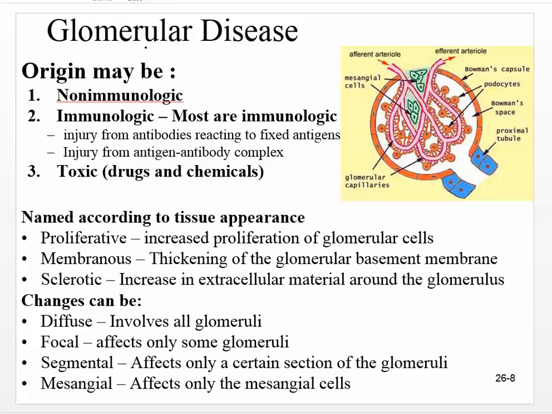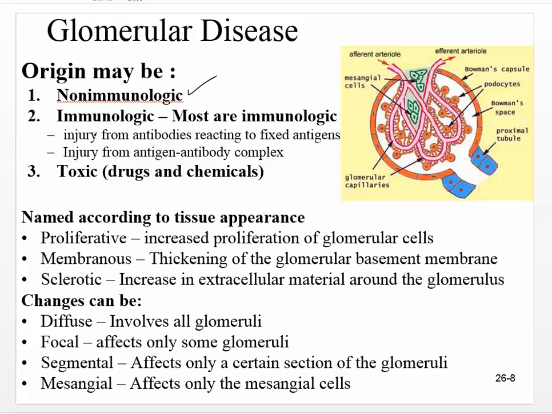Glomerular disease. So we had effects of glomerular disease. Now we're going to talk a little more specifically about some glomerular diseases. The origin may be non-immunologic, which means it's something like an infection or damage, or hypertension, or it could be immunologic.